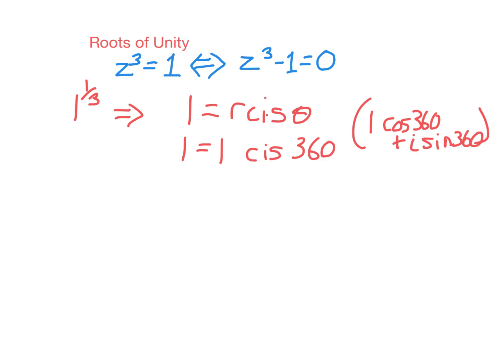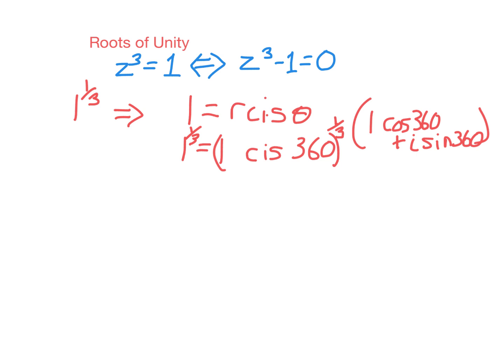It's just equal to 1. What we're now going to do is raise each side of this equation to the power 1/3, and then we can use de Moivre's theorem. As I said, de Moivre's theorem doesn't always work when the power is not an integer, but it does when we're taking roots.